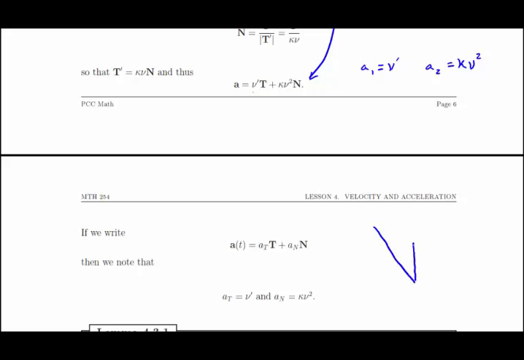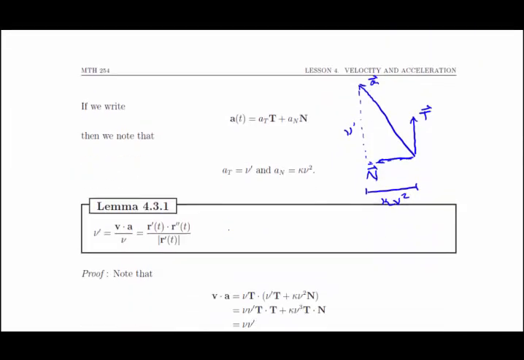If I have my unit tangent function and my unit normal function, and here's my acceleration vector, then the component in the n direction is the curvature times v squared, and the component in the tangent function is little v prime. And that's what we're saying here.